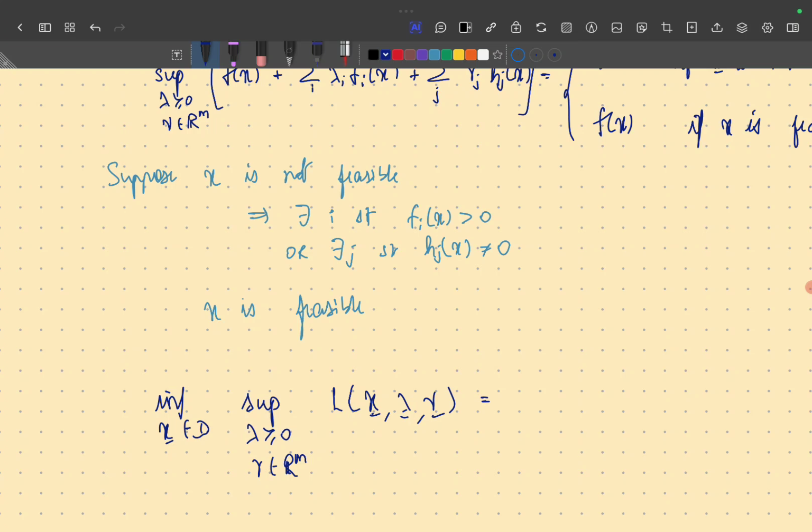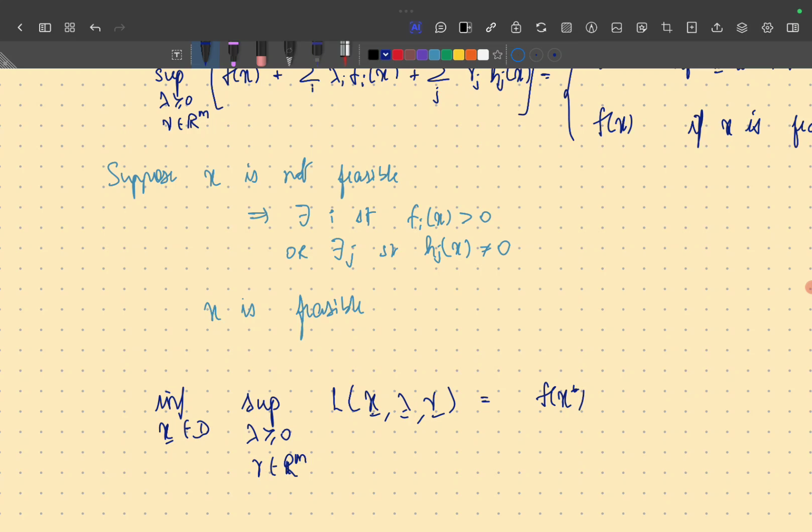What is this equal to? It's f of x star. And in fact, one thing is that this is equal to f of x star. That's number one. So this is equal to p star, which is also equal to d star if strong duality holds. But there's something else.